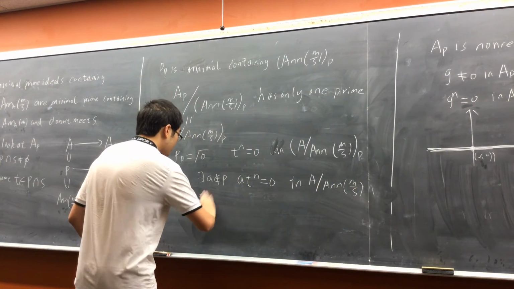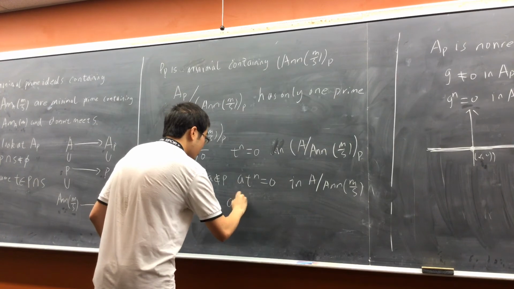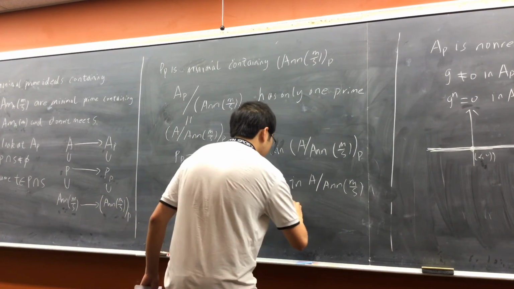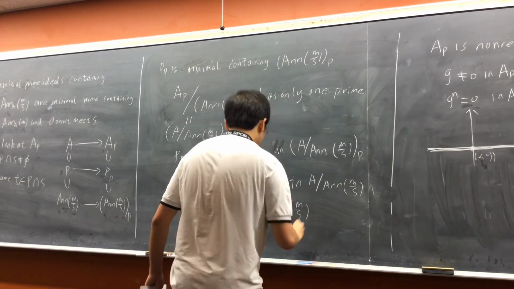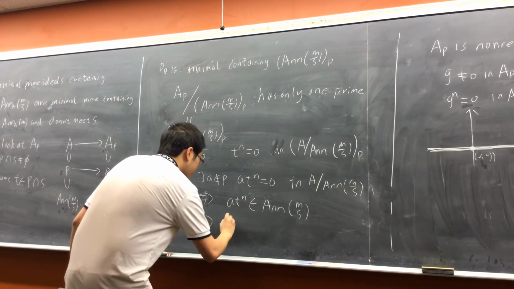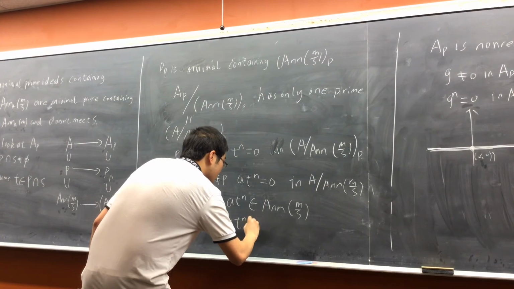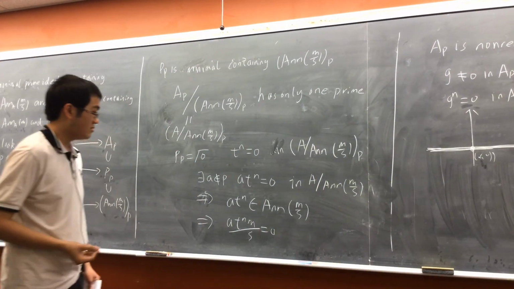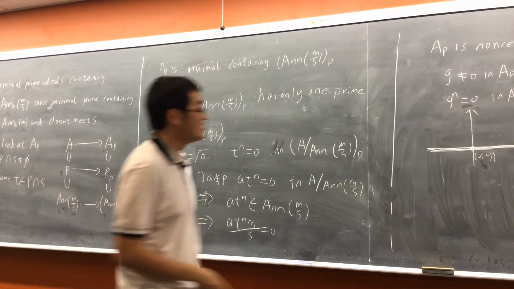That means A T^n is in the numerator of M_X. That means A T^n M_S is 0. Oh, this is so long.